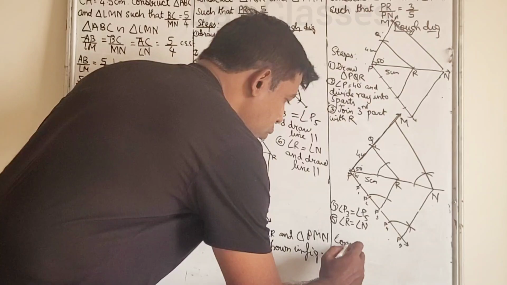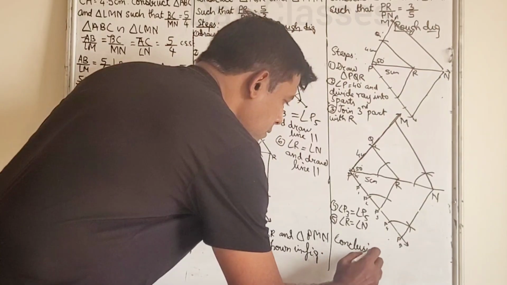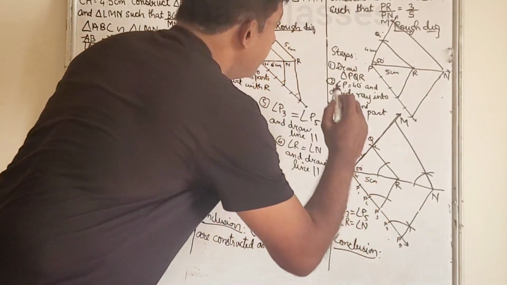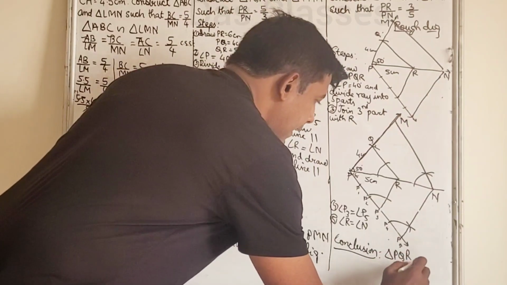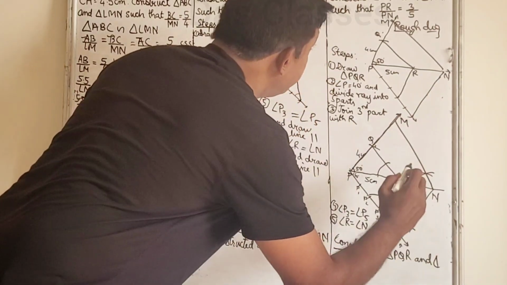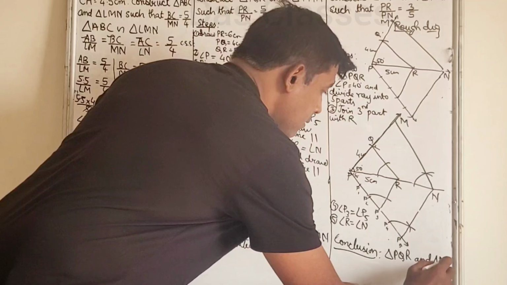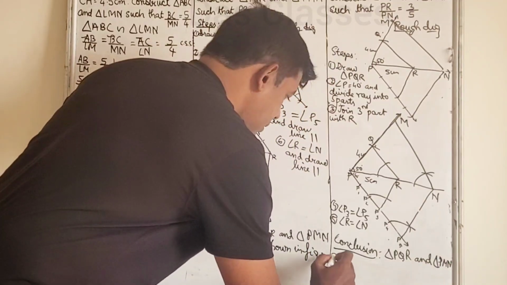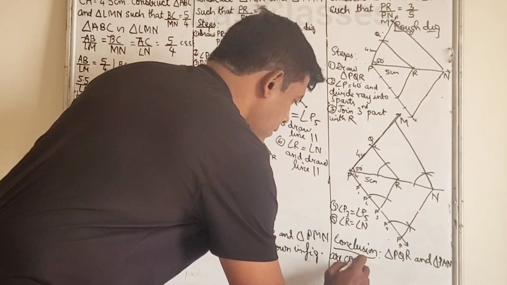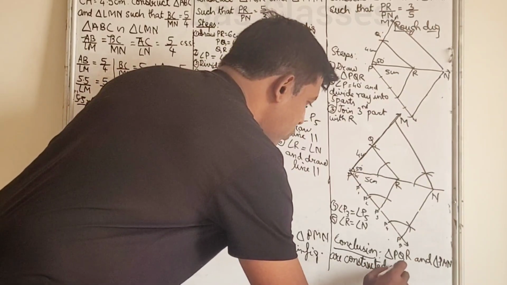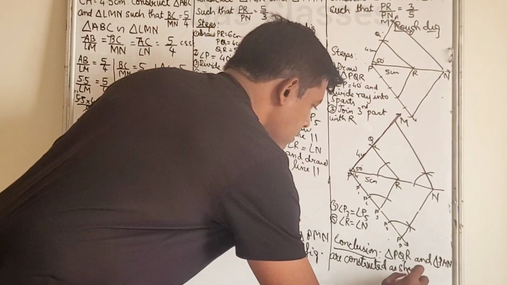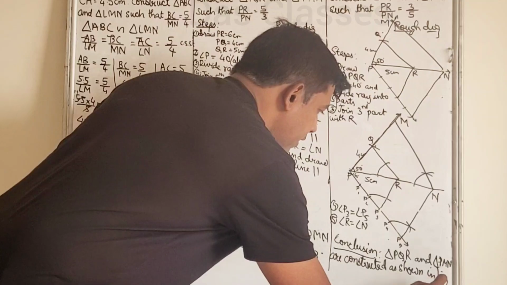So conclusion: triangle PQR and triangle LMN and triangle PMN are constructed as shown in the figure.